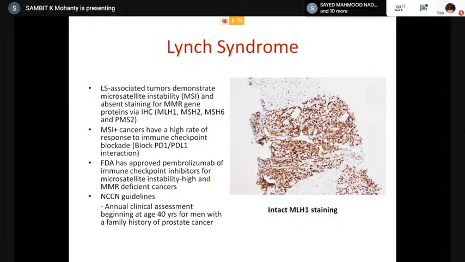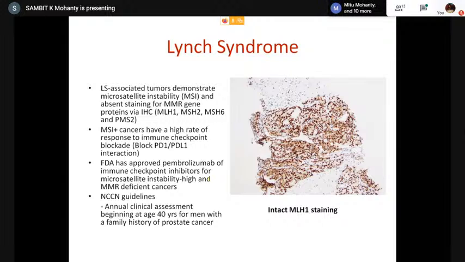And this is something I'm going to read out, which is important for all of us to know from a therapeutic point of view. Lynch syndrome associated tumors demonstrate microsatellite instability and absent staining of the mismatch repair proteins by IHC. So when you see there is loss of protein, if you have only loss of MLH1, then that could be promoter hypermethylation of the BRAF gene, or there is an actual loss of MLH1.